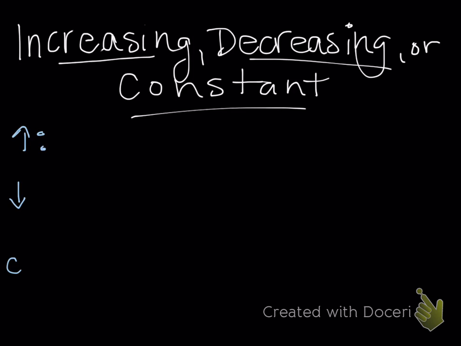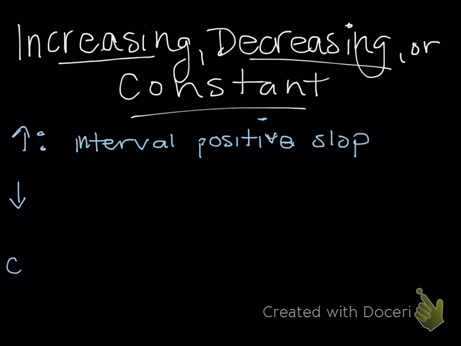So for increasing, it essentially means the interval has a positive slope. And when you write increasing, you use interval notation, except you don't use the equal to. You don't say this is where it's equal to or not equal to. You just always use parentheses for the interval notation.